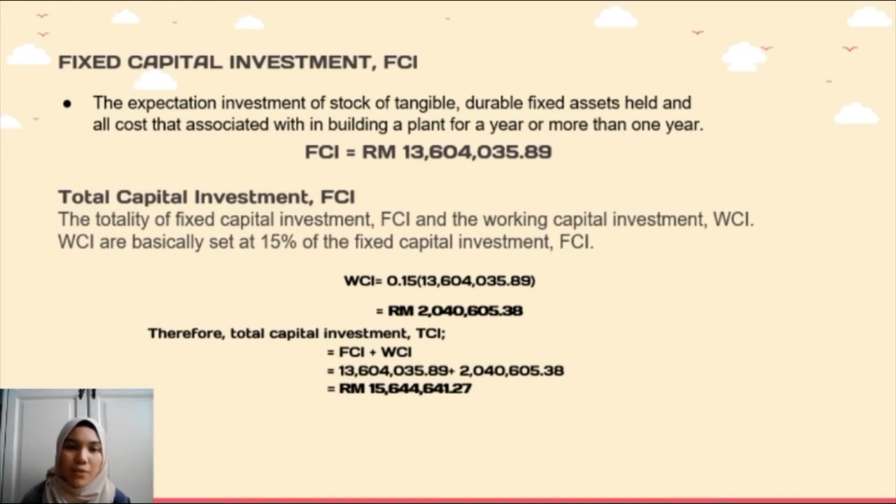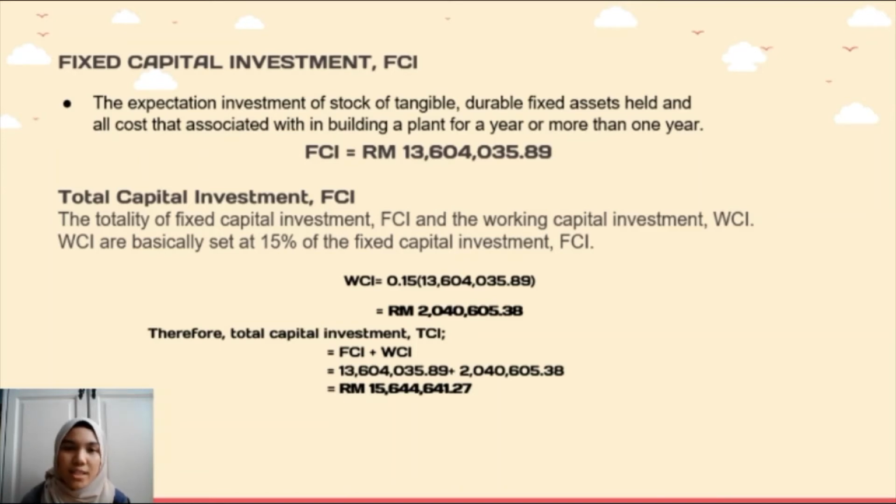So the amount of FCI that we obtain is 13,604,035 ringgit 0.89 cents. The total capital investment is the totality of the fixed capital investment FCI and the working capital investment WCI. WCI is basically set at 15% of the fixed capital investment FCI.